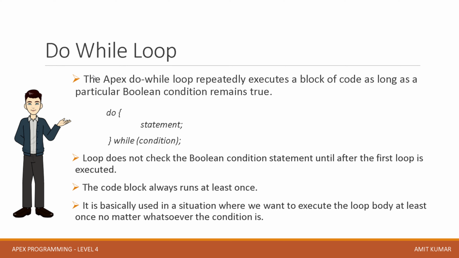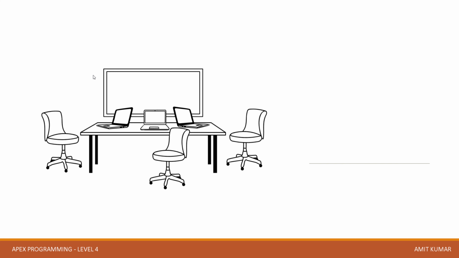Hence, it executes the loop body no matter whatsoever the condition is. I mean to say, even with a false condition, a do-while loop executes at least once. Hence, it is basically used in a situation where we want to execute the loop body at least once, no matter whatsoever the condition is. So that's pretty much the talk about the do-while loop, and now it's time to see the things practically.